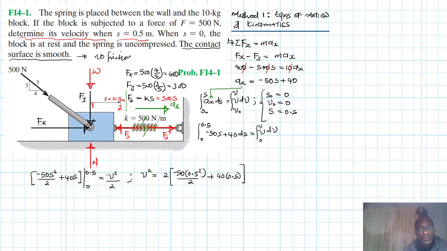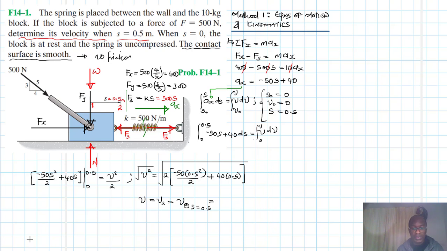Okay, so we square root both sides, right? And once we do so, we'll find that our v, which is our v2, or v at s equal to 0.5, is just equal to, so let's calculate this, where is my calculator?